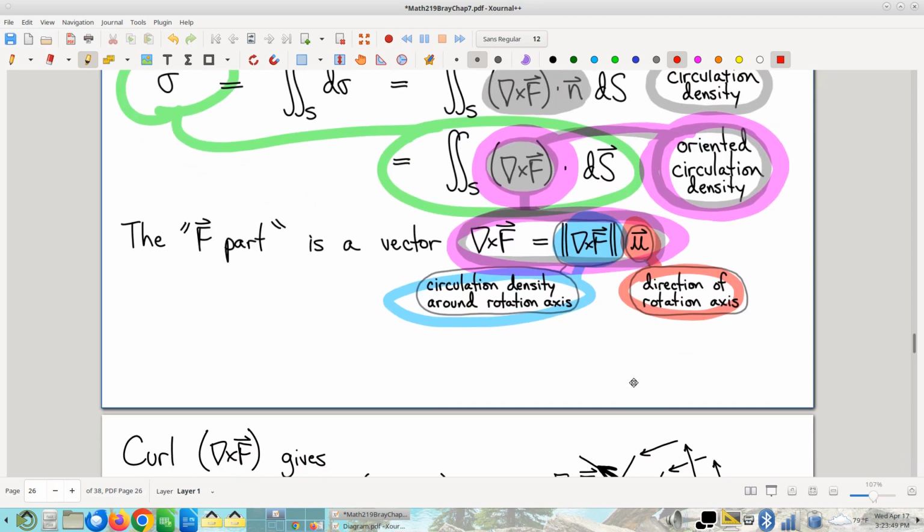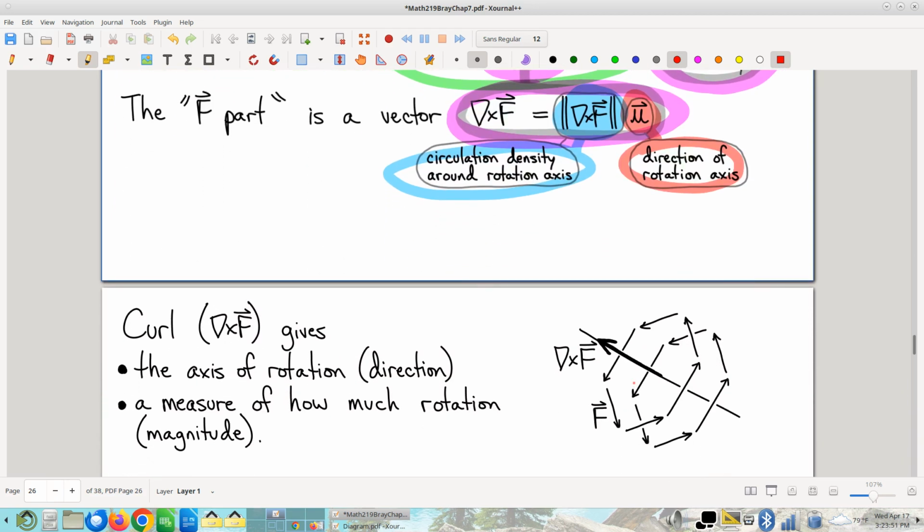So just to put all this together onto a picture, the curl is a vector. The direction that vector points tells you the axis of the rotation, just like we had here, right?